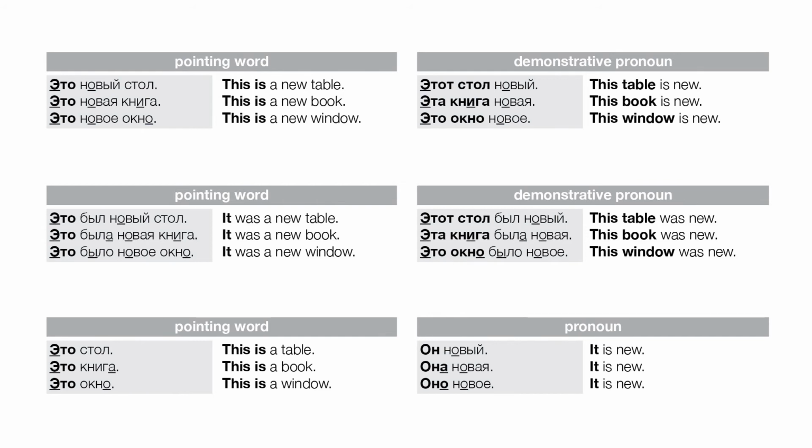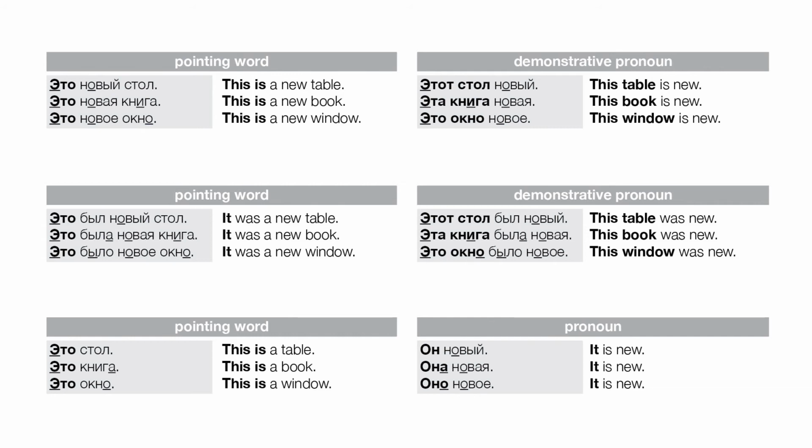Let's look at one more set of examples. With the pointing word, это стол, это книга, это окно. And there are several ways this could translate. Again, it could be, this is a table, this is a book, this is a window. That would be sort of the default, I suppose. But depending on where the thing is that we're pointing at, this could also be translated as that's a table, that's a book, that's a window.